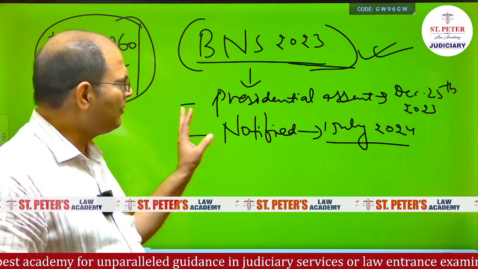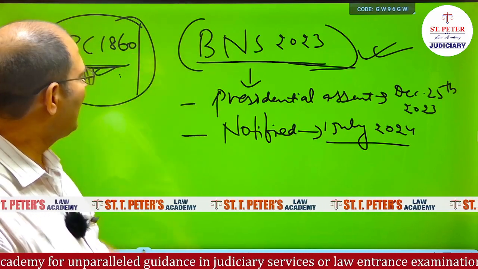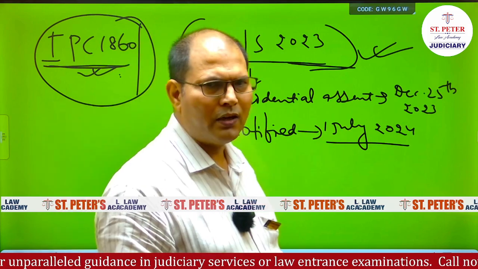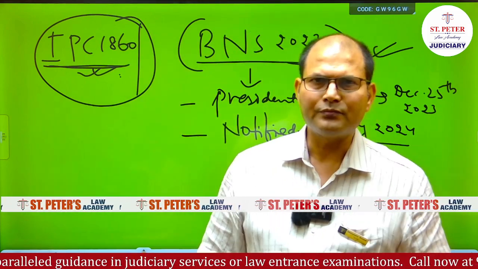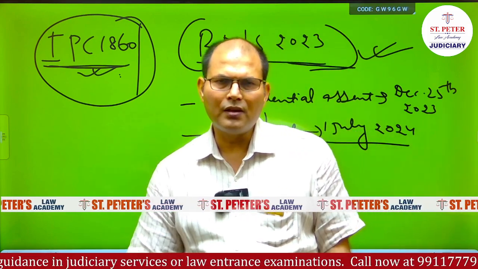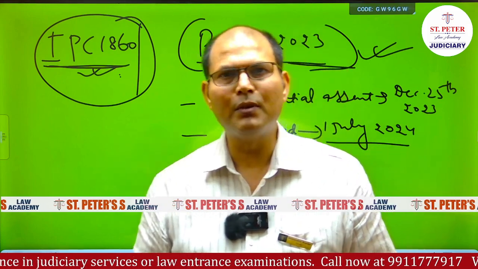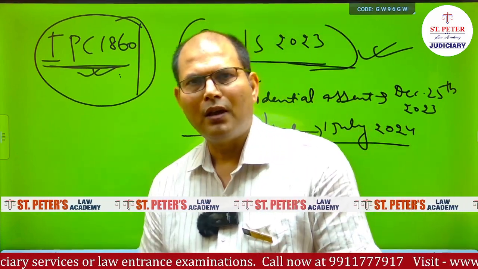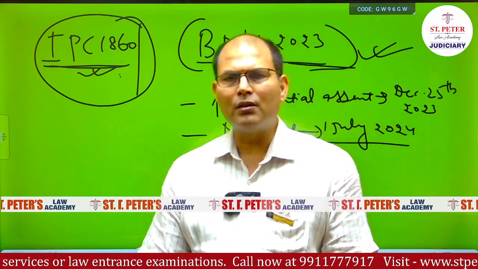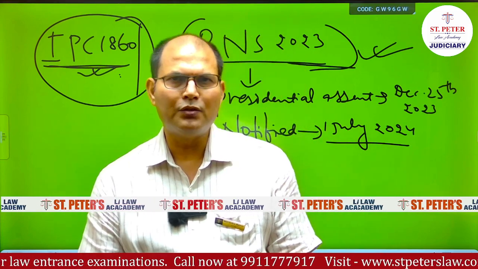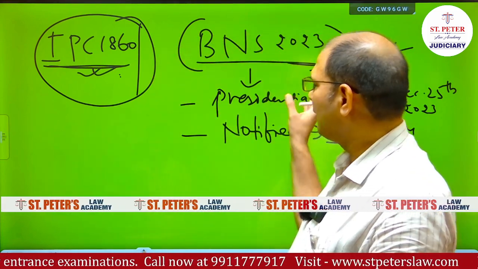But this BNS is not only arrangement and rearrangement of the previous law; it also contains certain new provisions, right? Like crimes against children and women have been put in this law in a very new order, new fashion. Apart from that, punishment related clauses have also been amended, and community service as a mode of punishment has been now incorporated in the BNS.